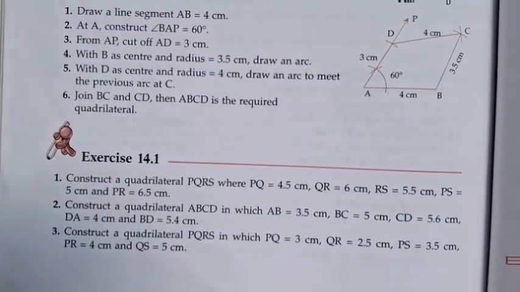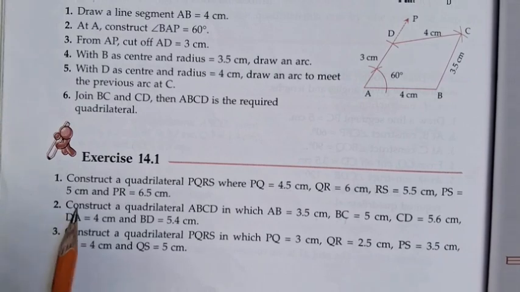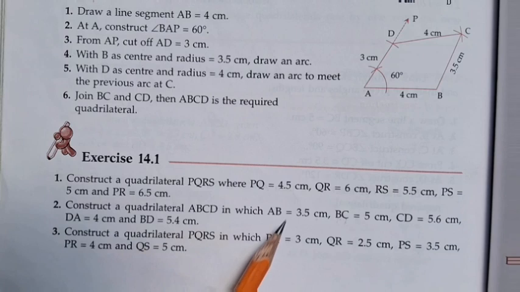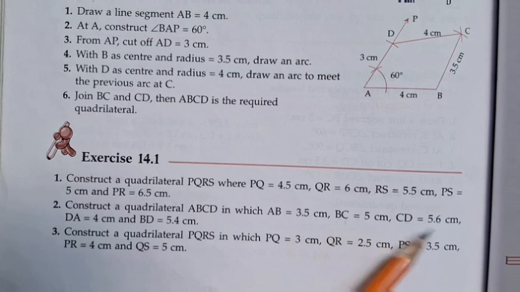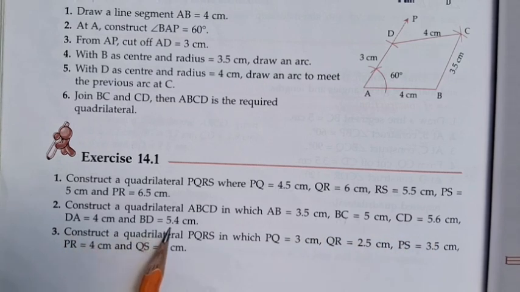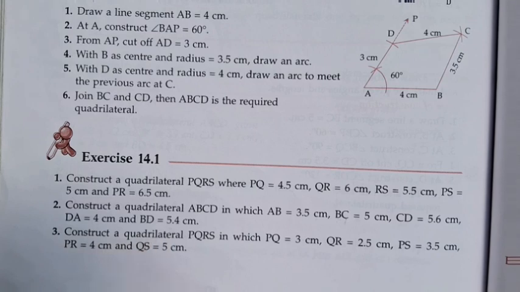And now question number 2. Here we have to construct a quadrilateral ABCD, in which AB is 3.5 cm, BC is 5 cm, CD is 5.6 cm, DA is 4 cm and BD is 5.4 cm. So at first I draw a rough sketch of this quadrilateral ABCD.